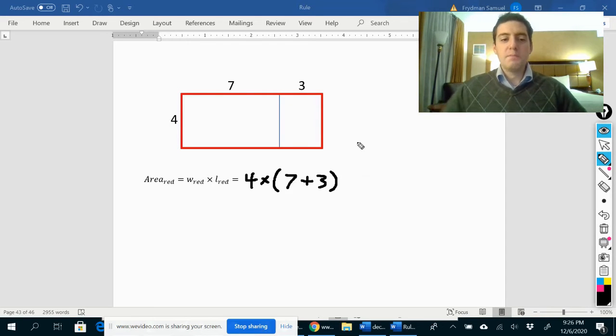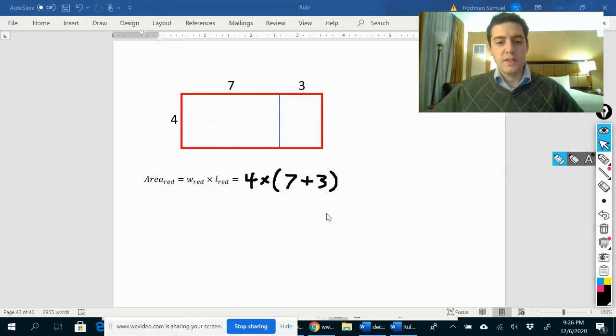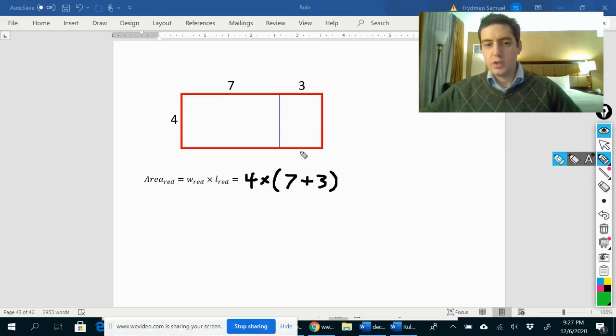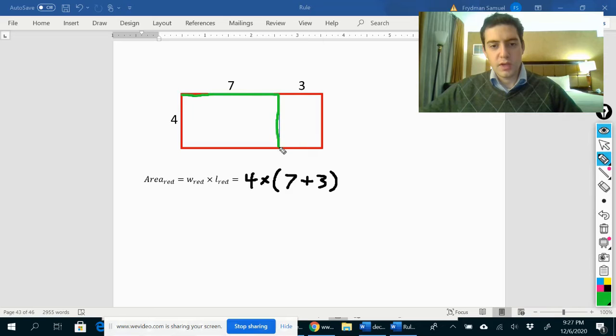Okay, now there is actually another way that we could have figured out the area of this rectangle. The area really means the space inside of it. The other way that we could have done that is by breaking it up into 2 smaller rectangles. I'll do the best I can of drawing straight lines here. It's not very good.